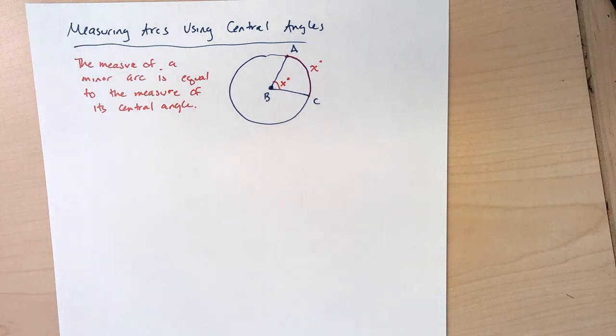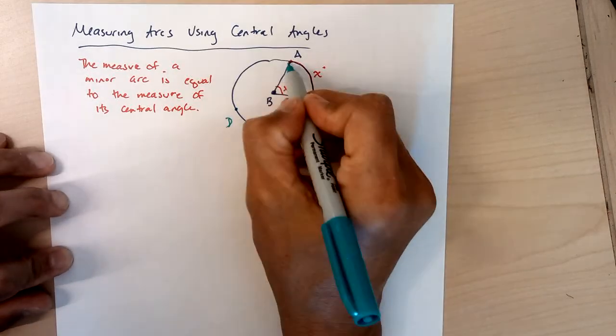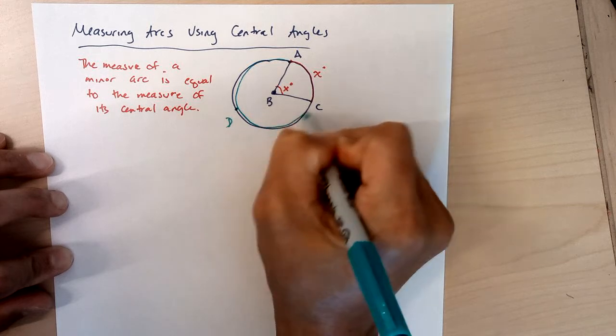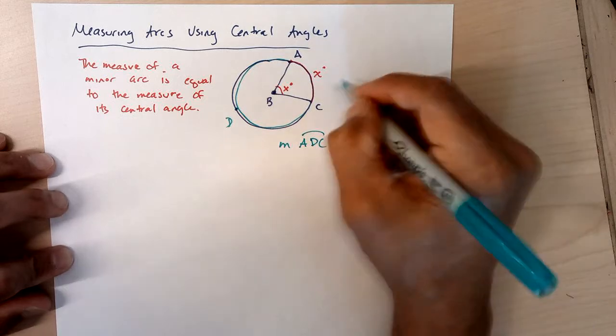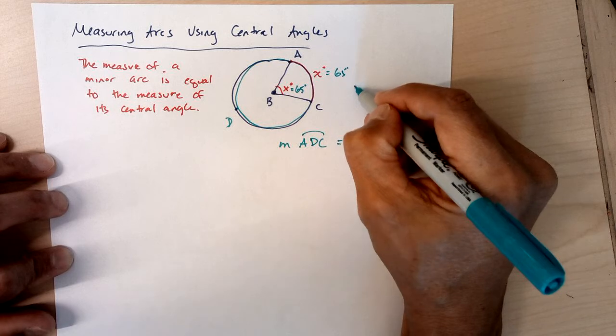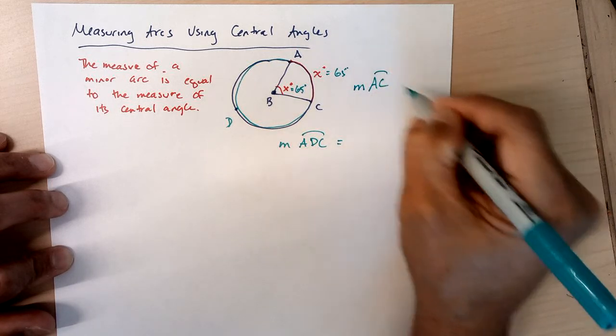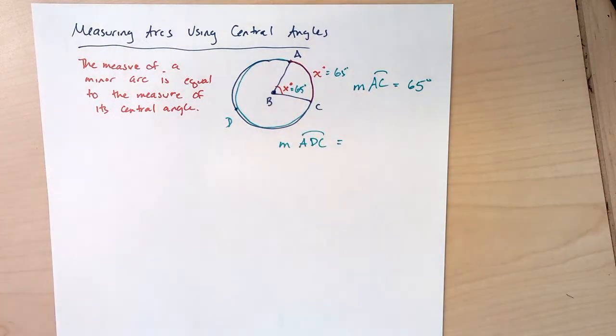If I wanted to find the measure of a major arc, let me put a point D here. So arc ABC. And here's how I'd write it, kind of like the measure of an angle. Earlier I said, let's just say this is 65 degrees. Then I could write the measure of arc AC, that's your minor arc, would be 65 degrees. If I wanted to find the measure of the major arc, I would have to take a look at the minor arc, 65 degrees, which we found from the measure of its central angle, and then just take that away from 360 degrees.